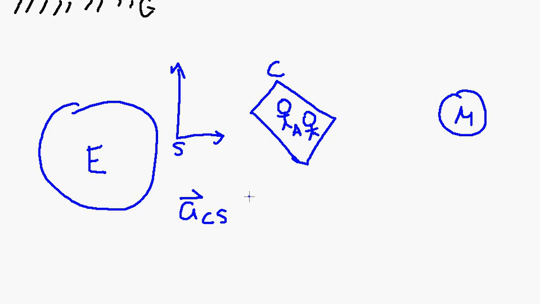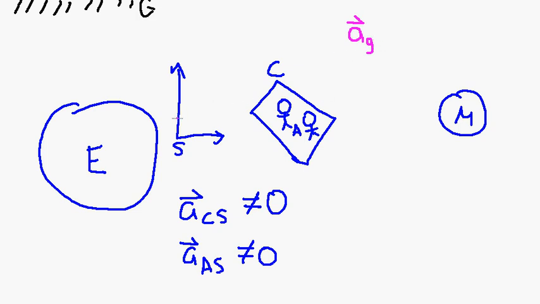But the astronauts are also accelerating. So the acceleration of the astronauts with respect to this inertial space is not equal to 0. Well, how do their accelerations relate? Here's the thing. The acceleration due to gravity on an object is proportional to the mass of the object attracting.